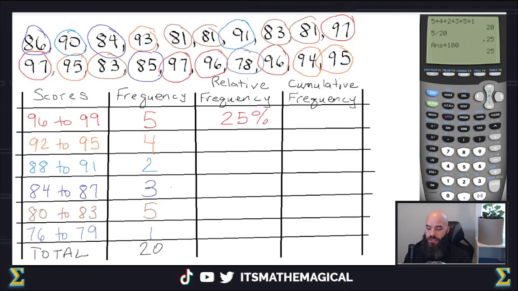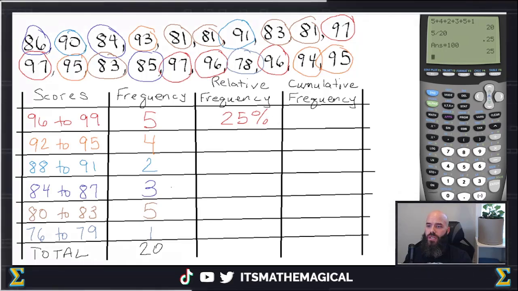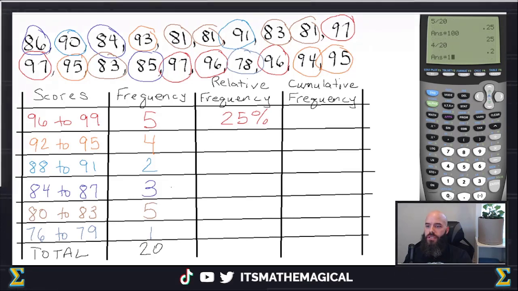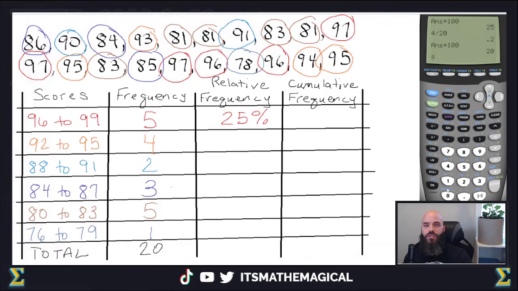All right, now to the second bin. We have 4 out of 20, so we'll go to our calculator. 4 divided by 20 is 0.2. Change that to a percentage, multiply by 100. And that's 20%. So this one's 20%.